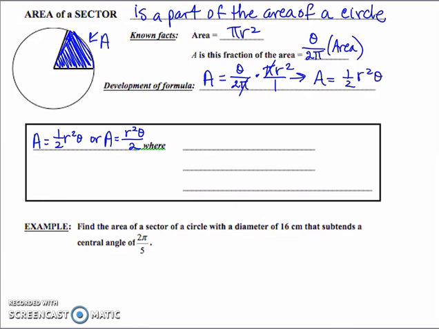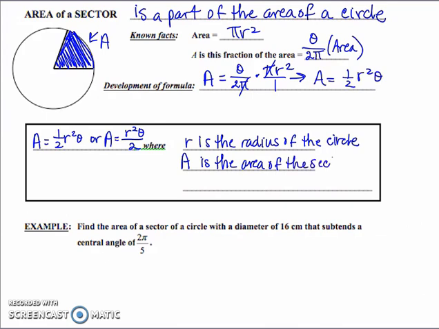And in this formula, r is the radius of the circle. And that can be given in any units, so you have to pay attention to what the units are so that you know how to report your answer. A is the area of the sector, and theta is the central angle.